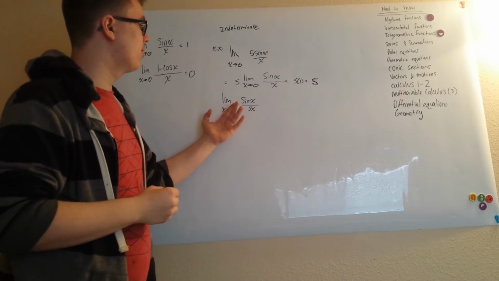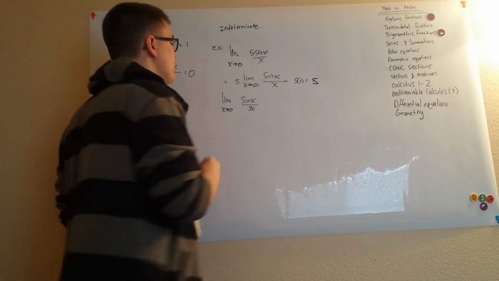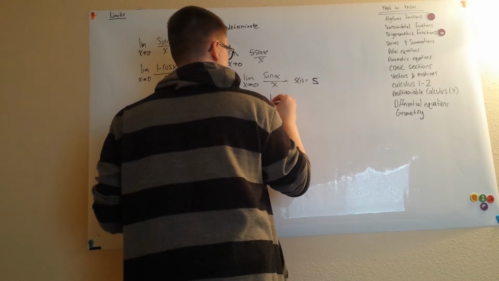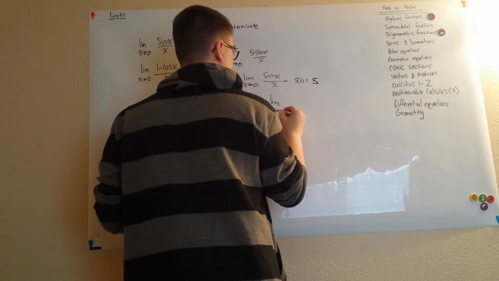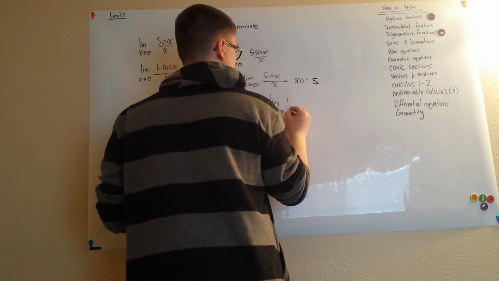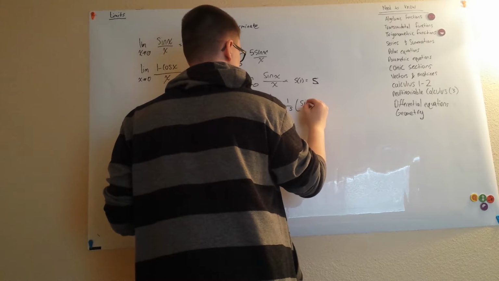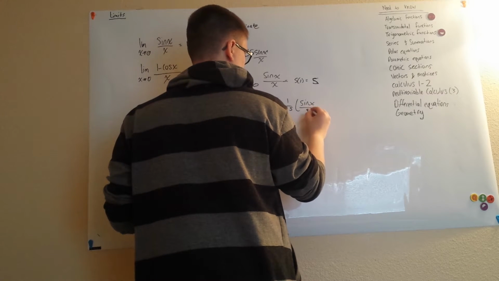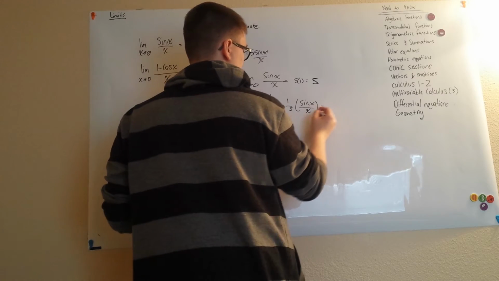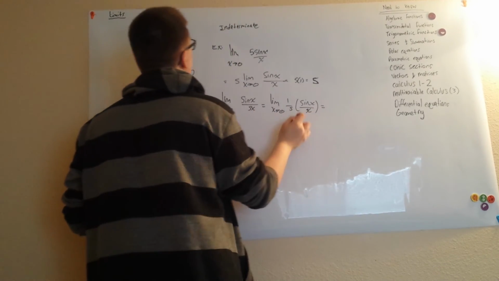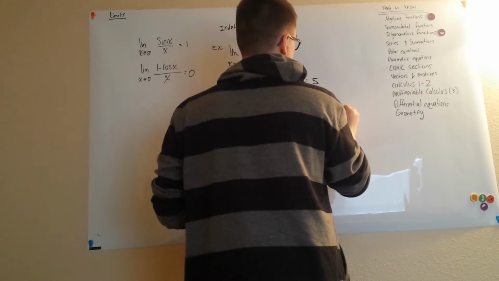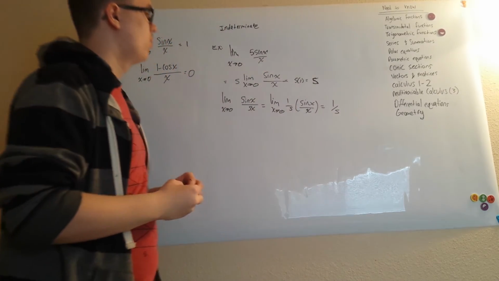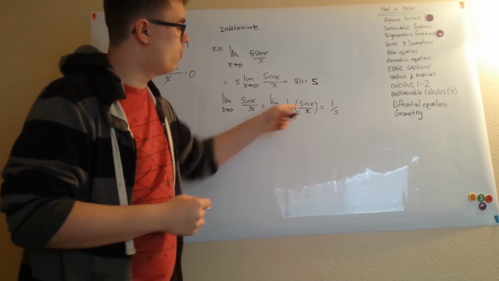Again, the same thing. You gotta visually see that there is a 1/5 sticking out. That limit is 1. Just 1/5 times 1. We can pull that out. 1/5.